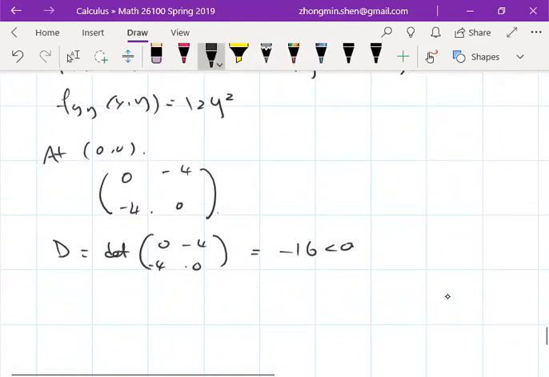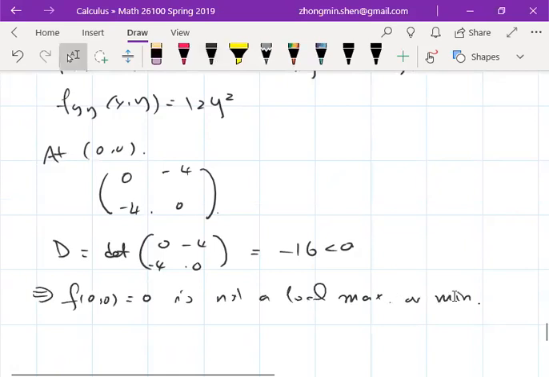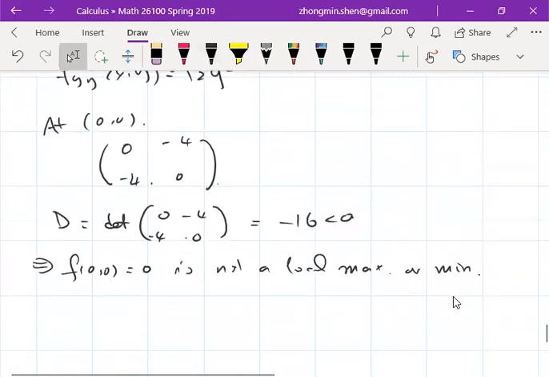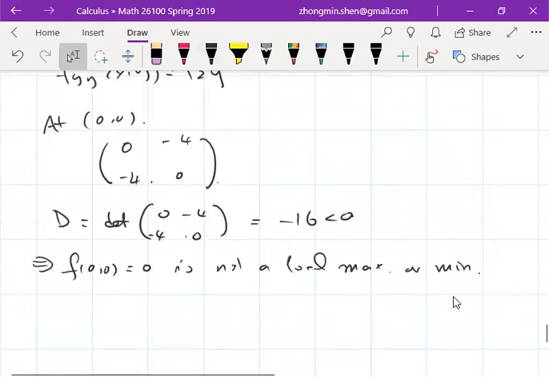So what I can say is that f(0,0) is not a local maximum or minimum value. I will probably draw the picture for you later on. Later we're going to study the Taylor expansion.